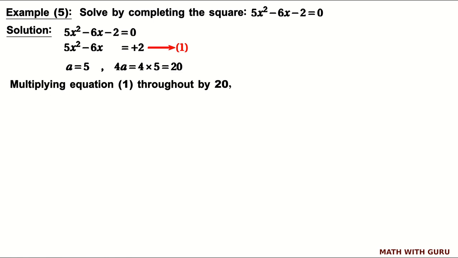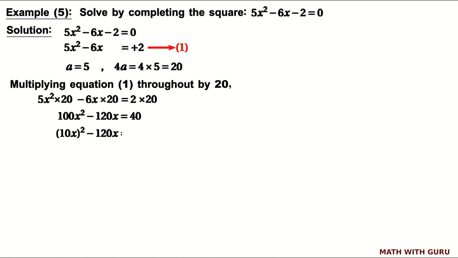Multiplying throughout by 20, we get 5x into 20 minus 6x into 20 equals 2 into 20. 100x squared minus 120x equals 40. 100x squared can be written as 10x whole square minus 120x equals 40.